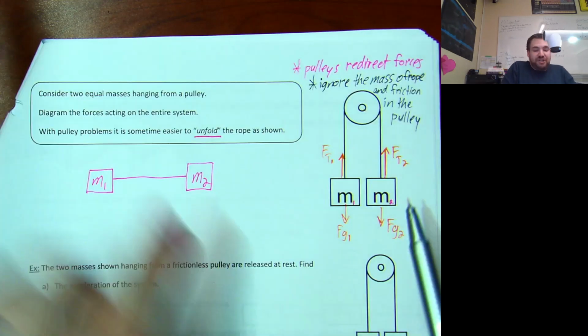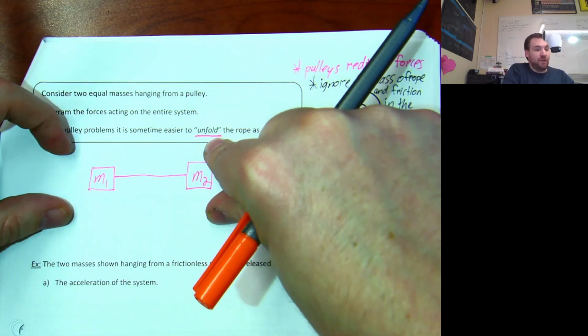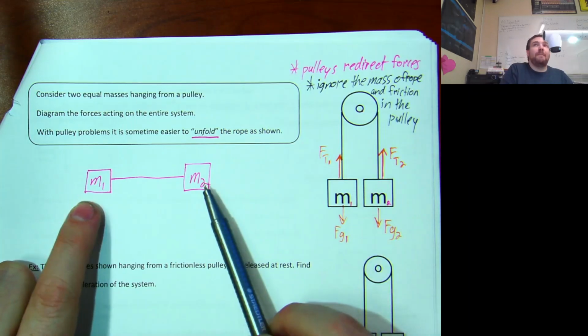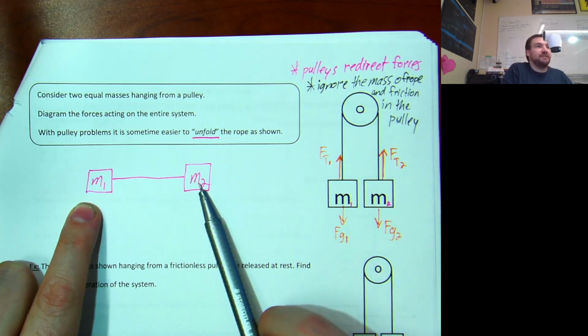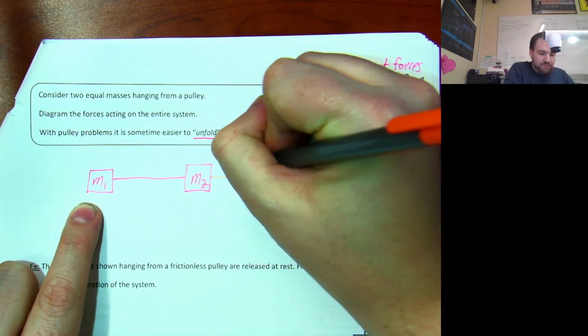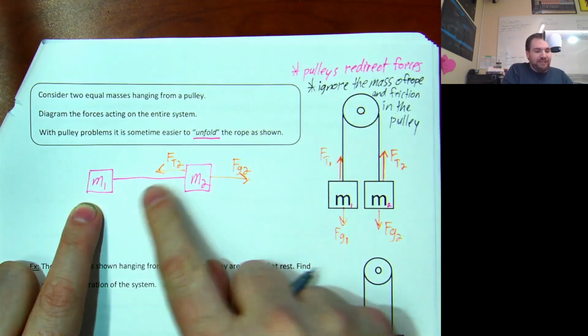Just because the same way I picked this up off a pulley, stretched it out and dropped it down here, I can do the same thing here with the way I've drawn these forces. So mass 2, which way is this force going to be pointing for this object? To the right. Good. And I'm going to have an Ft2 pointing to the left.